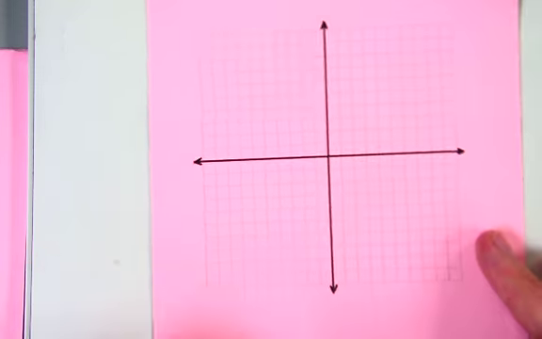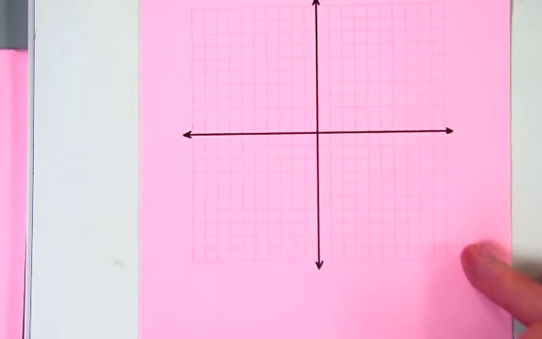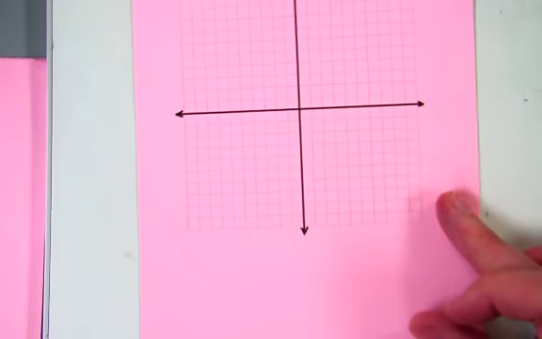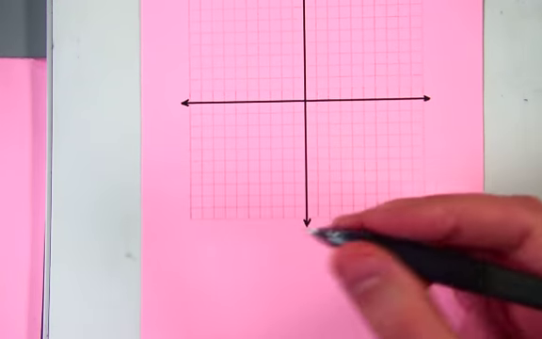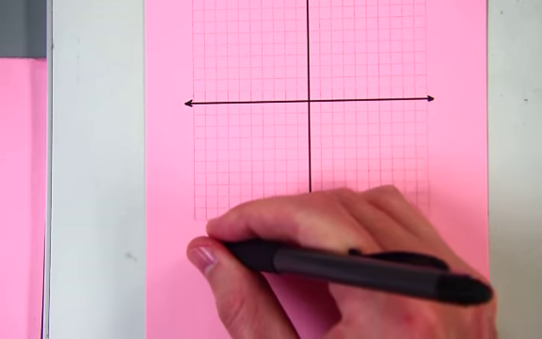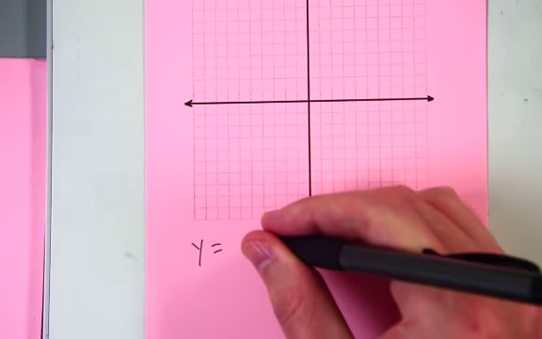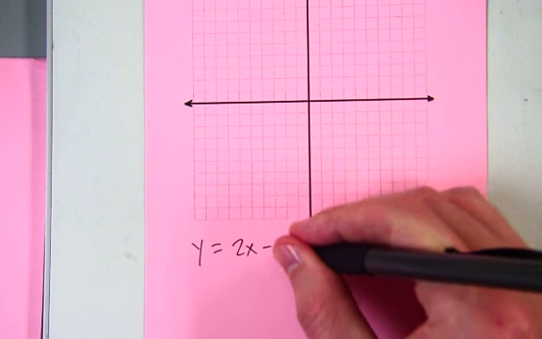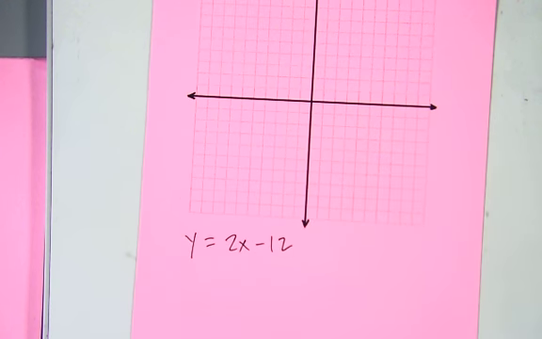So the last big idea, and this is something we are going to do a ton of later in this course and going forward in future math classes as well, is we're going to give you an equation that has 2 variables in it.